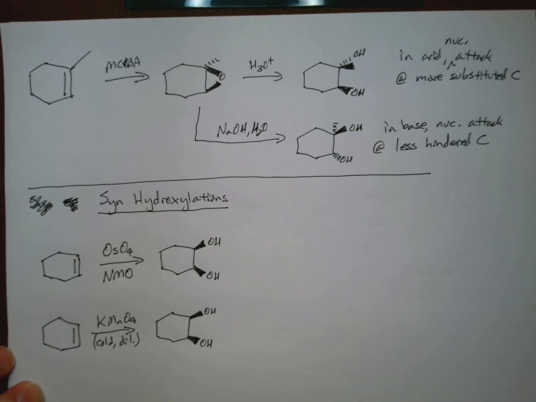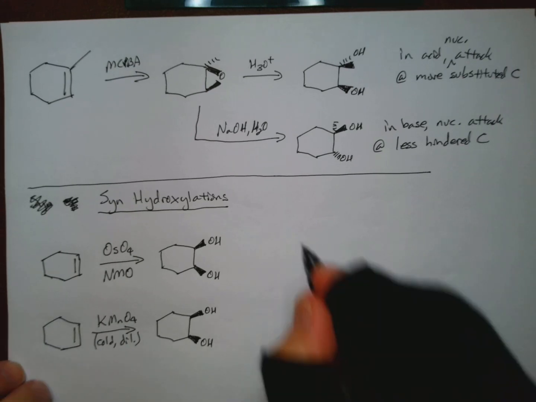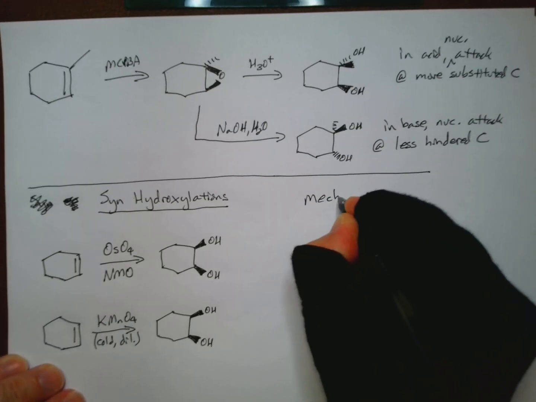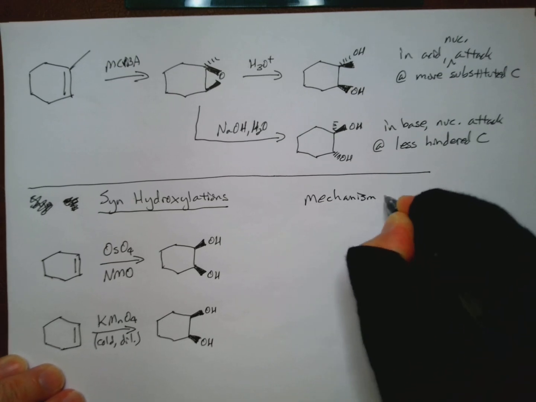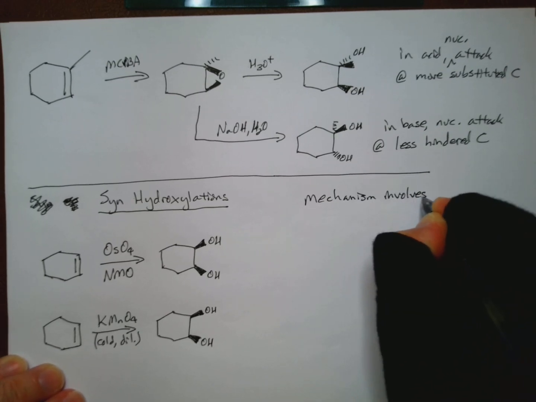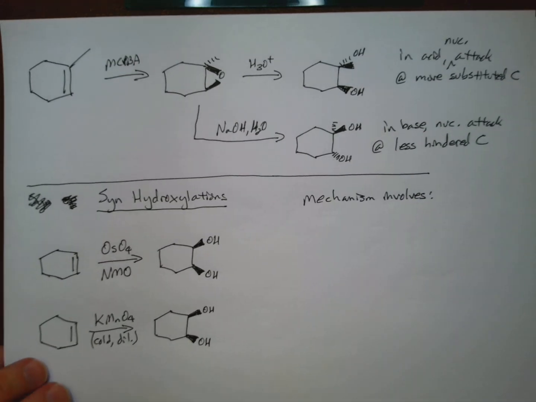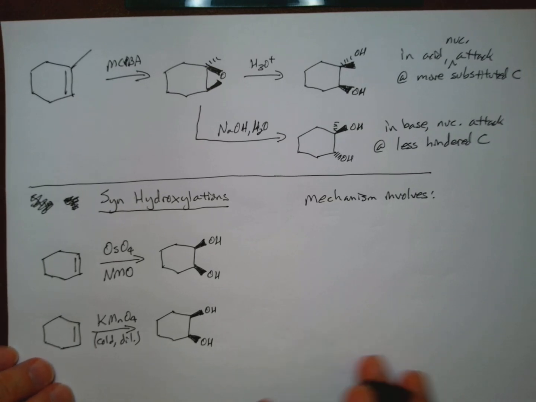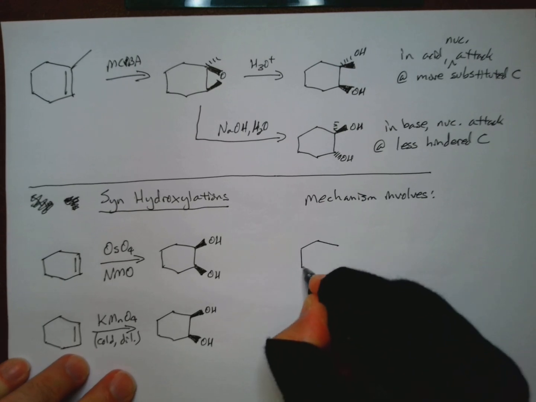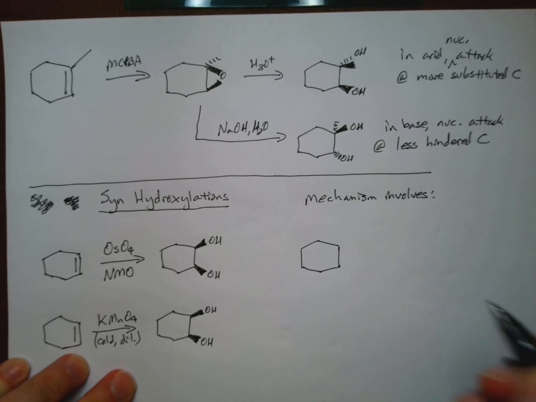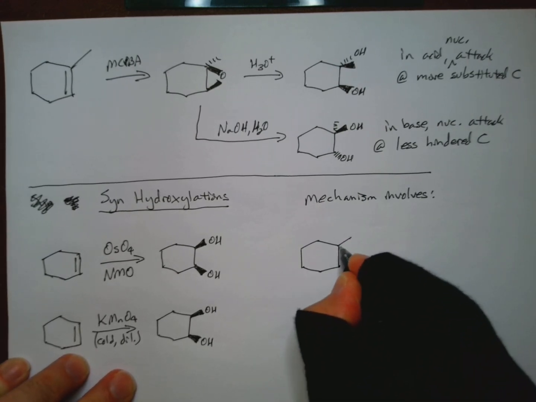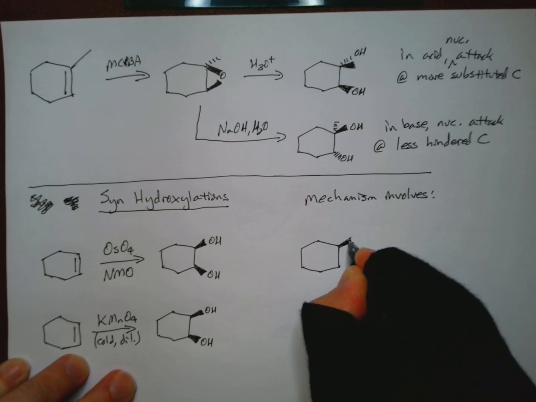All right, now what does this mechanism look like? Well, I'm not going to go through it all, but I just want to show you that you get at one point the following species.